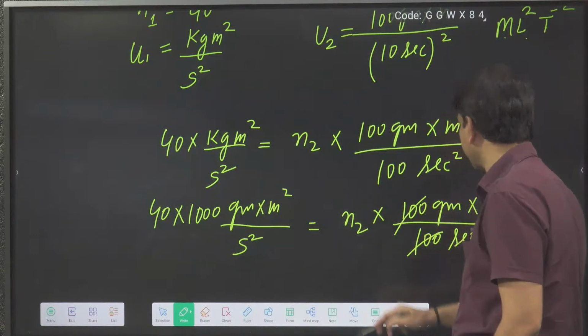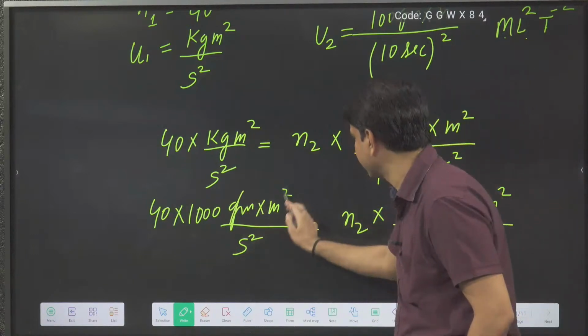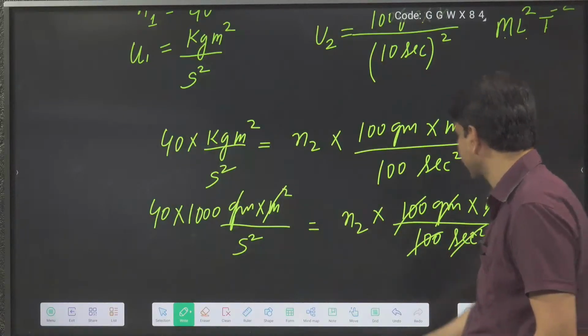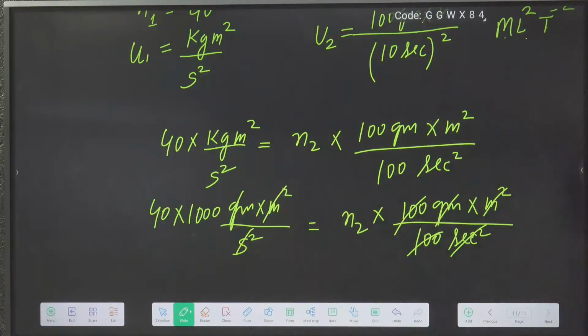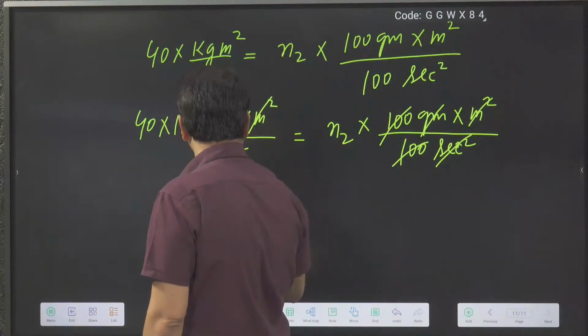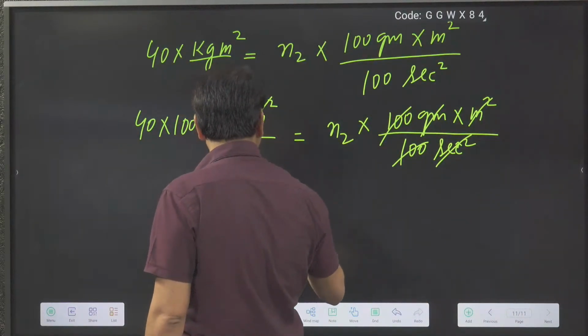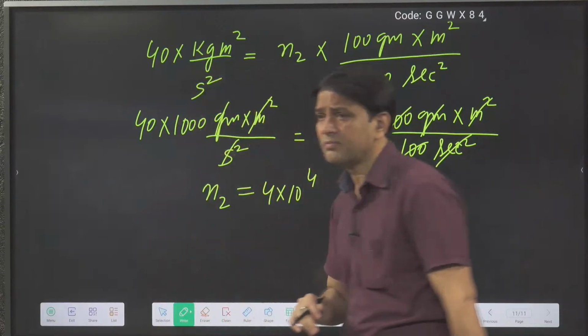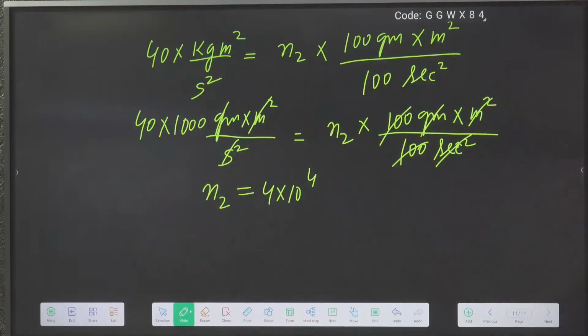Now 100 cancels out, gram cancels out, meter square cancels out, second square cancels out. N2 is 40 into 1000, which is 40,000. So N2 is equal to 4 into 10 to the power 4. Is this completed? Tell me fast.